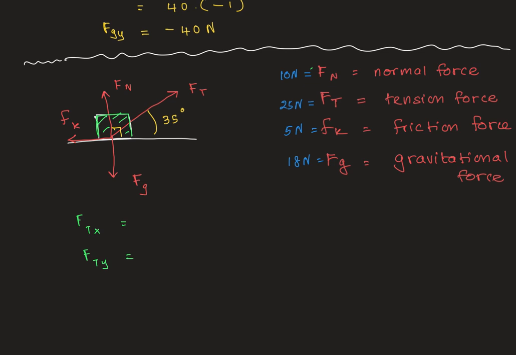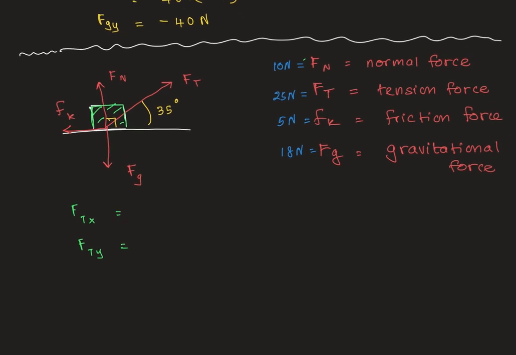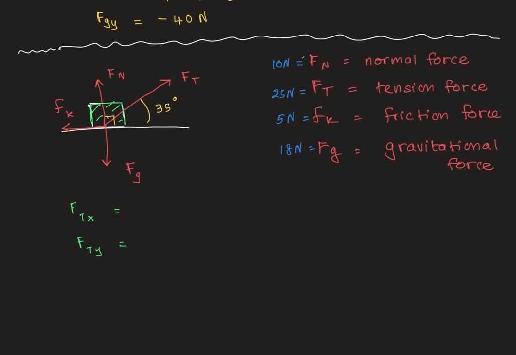So as I said, this is what we have to do. The first thing is get what we know. Ft, I'm writing it on the side, Ft equals 25 newtons, and the corresponding angle there is 35 degrees. So now I am using the formula.